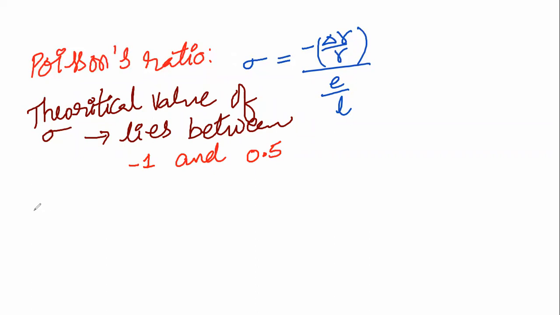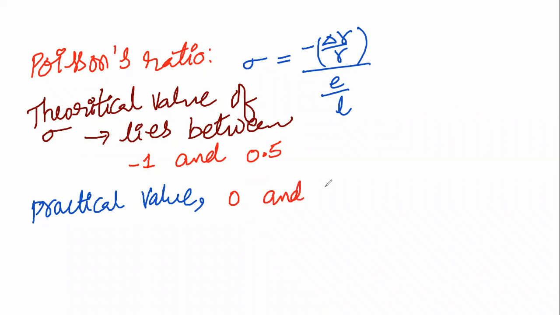The practical value of sigma lies between 0 and 0.5. This is Poisson's ratio.